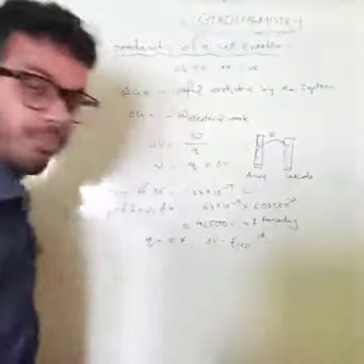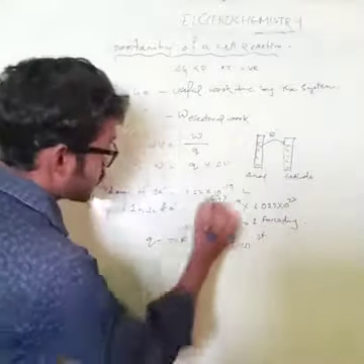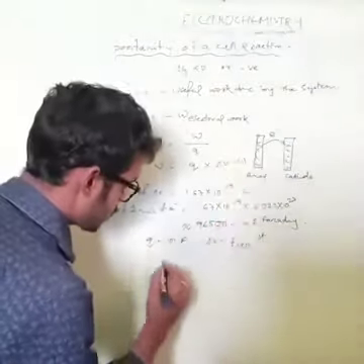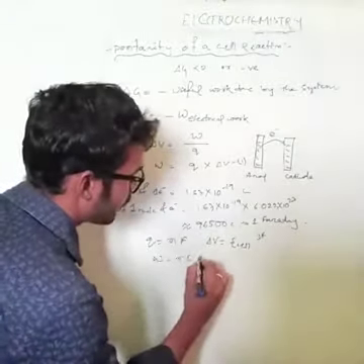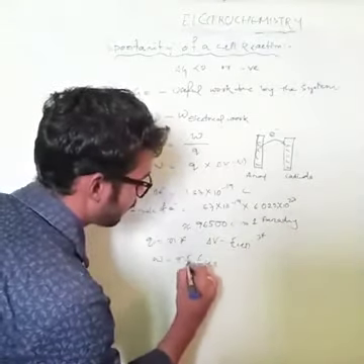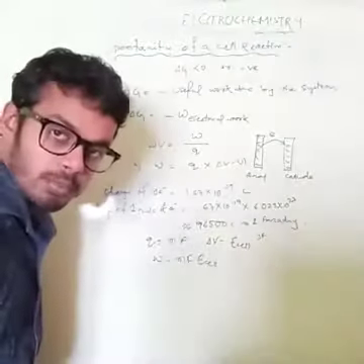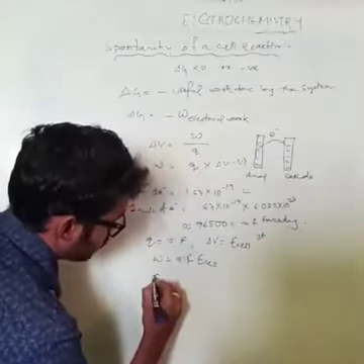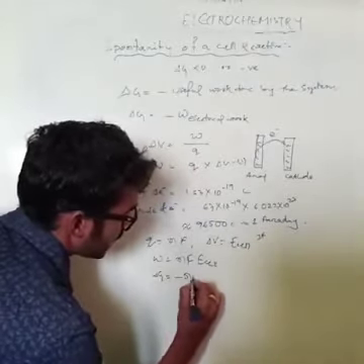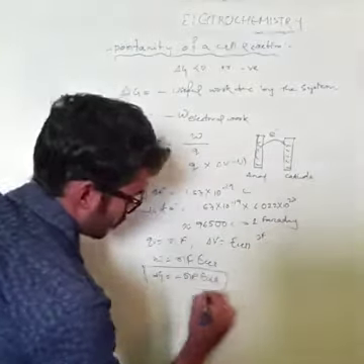So equation 1 becomes W equals nF E cell. But for del G, it will be the negative of this for a spontaneous process, so del G is minus nF E cell. This is the relation.